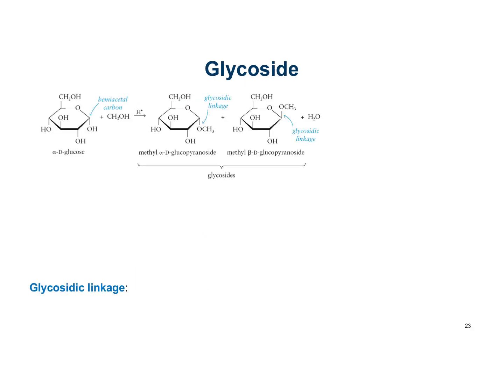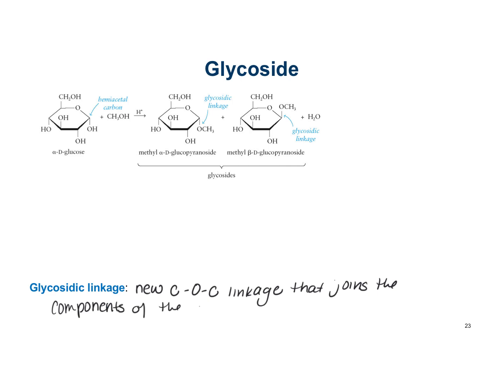And then finally, when we talk about monosaccharides, these can react with alcohols and form what's called a glycosidic linkage here. When we talk about a glycosidic linkage, this is just a new carbon-oxygen-carbon linkage or bond that joins the components of the glycoside to the ring.